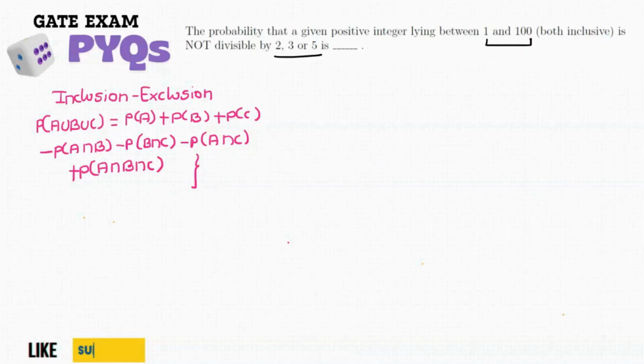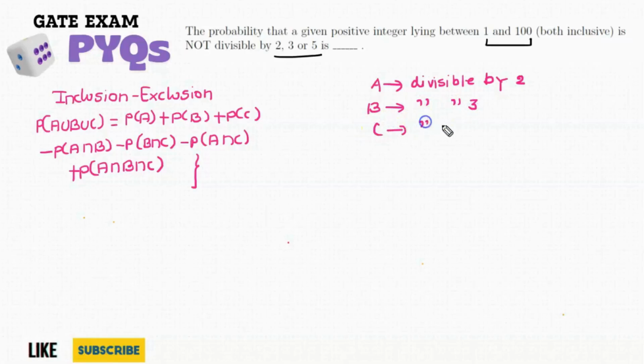If we apply this, let us take A as divisible by 2, event B as divisible by 3, and event C as divisible by 5. In the question, first we will find the probability that it is divisible by at least one of them, applying the same rule.